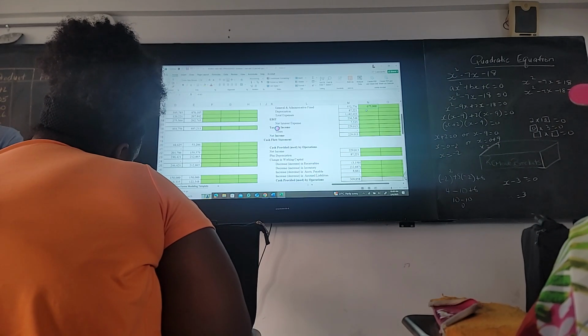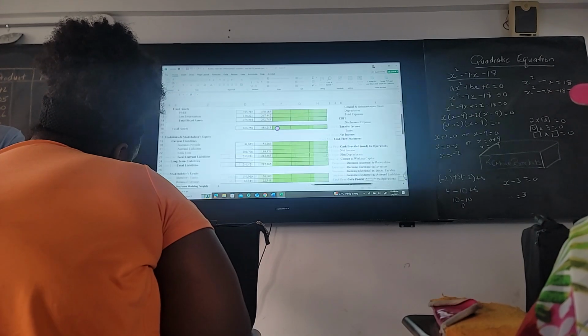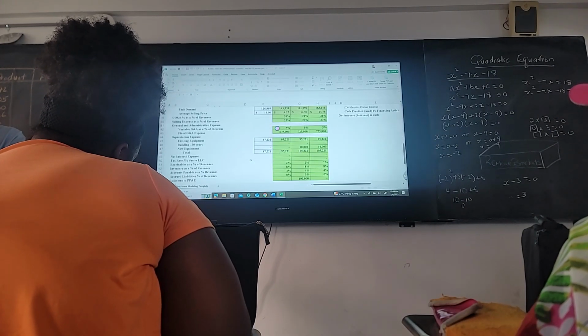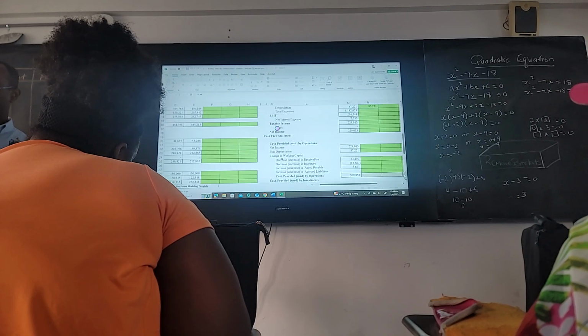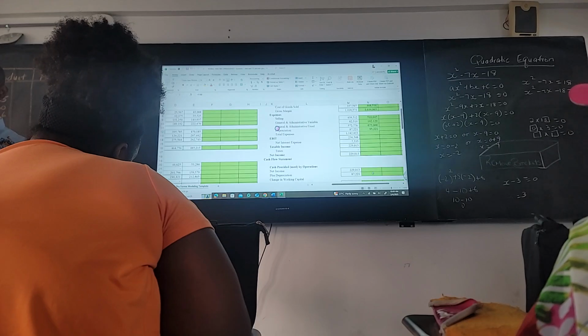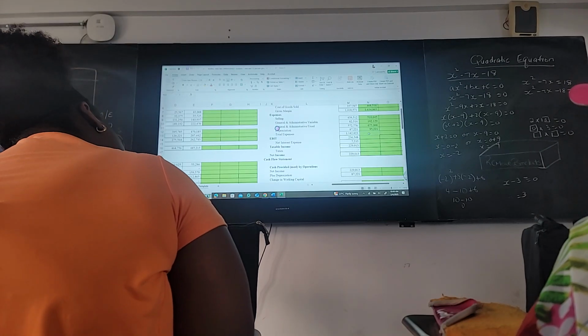What is your depreciation forecast? $95,221. So what are your predictions for your total expenses? The sum.